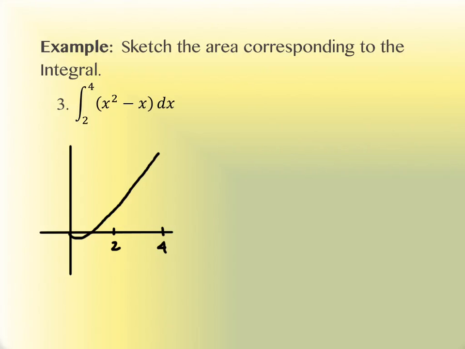Sketch. Just for reference points as well, how high does this go? It will go as high as you get at x equal 4. If x is equal to 4, what do you have? 12? Okay. And at x equal to 2, just so we have a reference point, what would you have? 2?